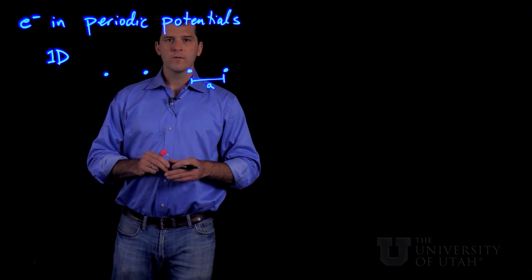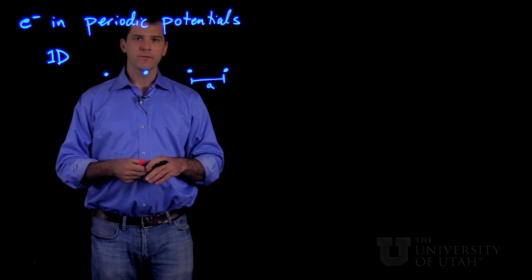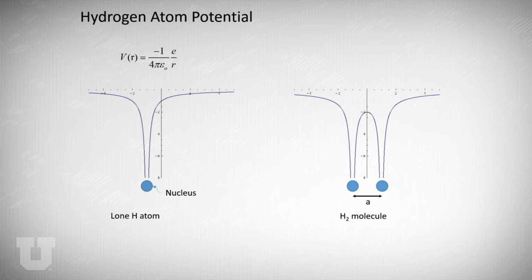So the easiest way to visualize this is to consider first a chain of hydrogen atoms. So on this slide, we can see the Coulomb potential presented by a single hydrogen nucleus, and then by two hydrogen nuclei next to each other in a hydrogen molecule.